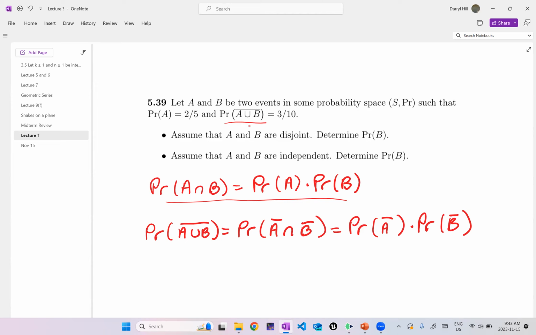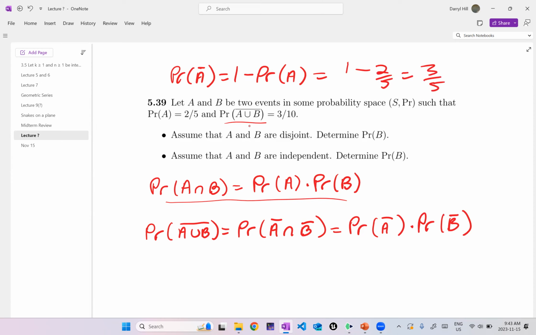Okay, and I don't know B complement or A complement probabilities, or do I? What's the probability of A complement? Yeah, it's 3/5. It's simply 1 minus the probability of A, which is 1 minus 2/5, which is 3/5.